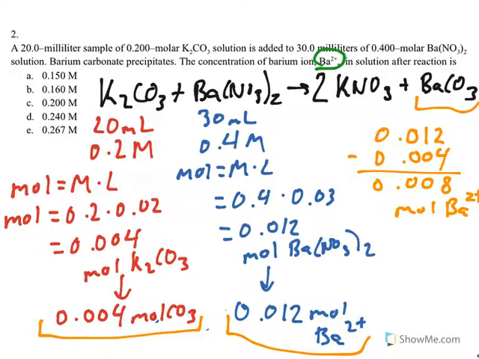So the question, what's the concentration of that barium ion? Well, you have 0.008 moles. Now we need to know what is the volume of this container. Well, initially you had 20 milliliters, but you added that to 30 milliliters. So that's a total of 50 milliliters. You have 0.008 mole of barium in 50 milliliters.